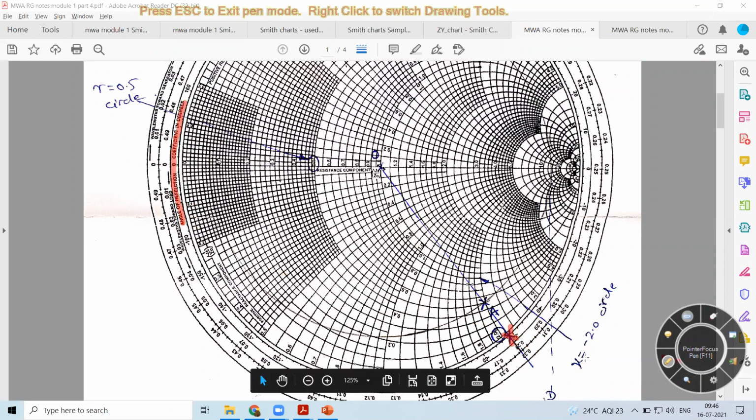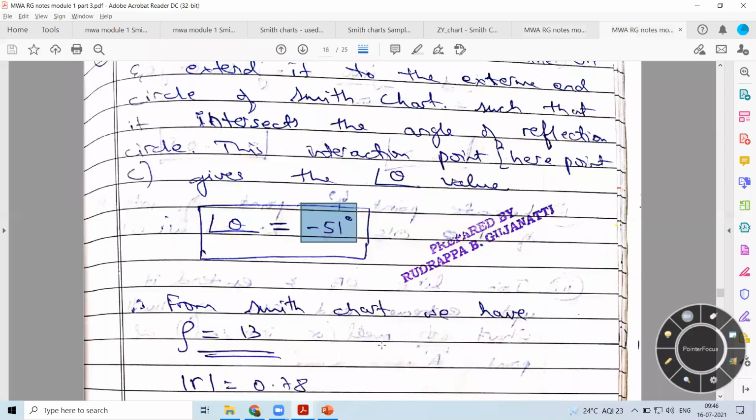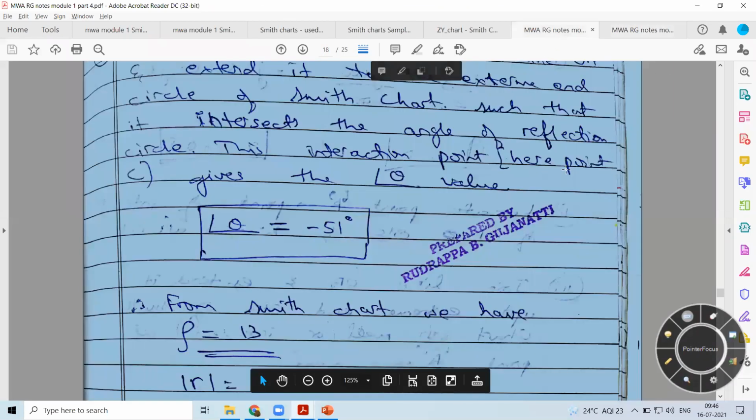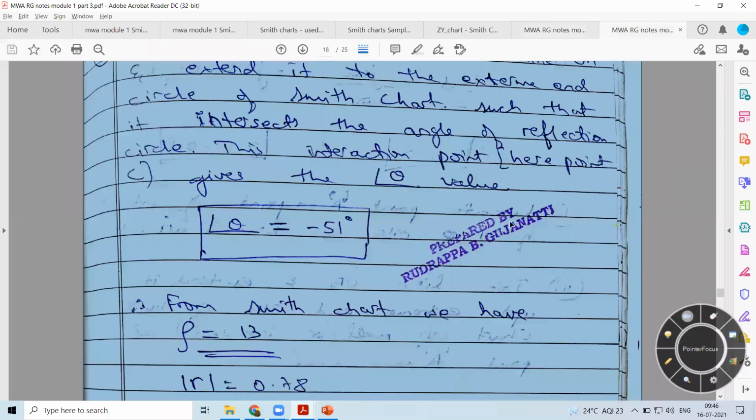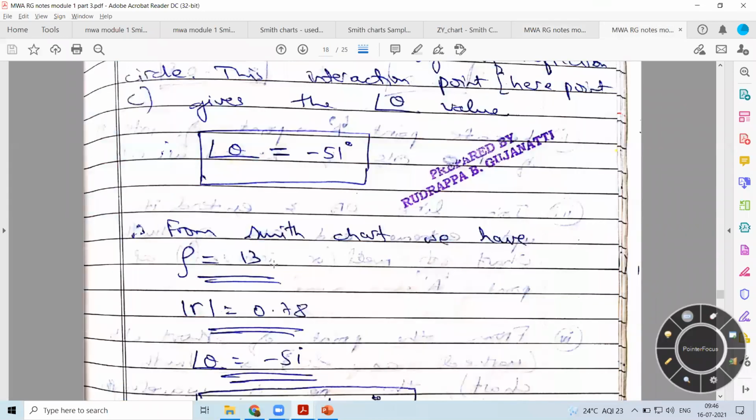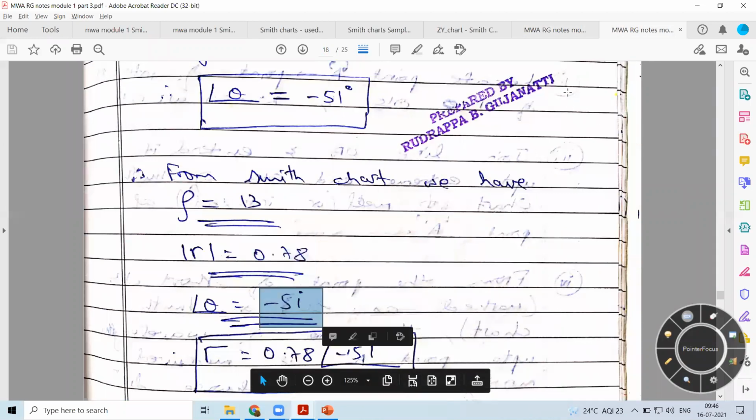Here, if I read this value, I'm getting minus 51. So the angle is minus 51 from the Smith chart. Therefore, the value of the reflection coefficient has magnitude 0.78 and angle minus 51.